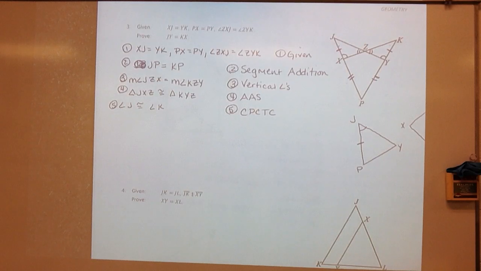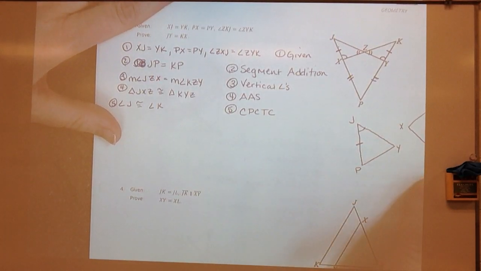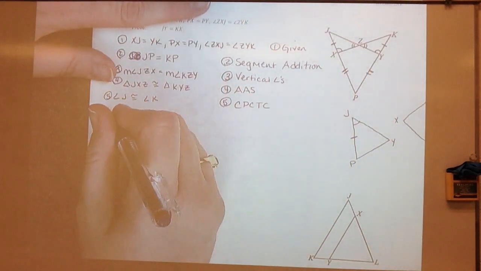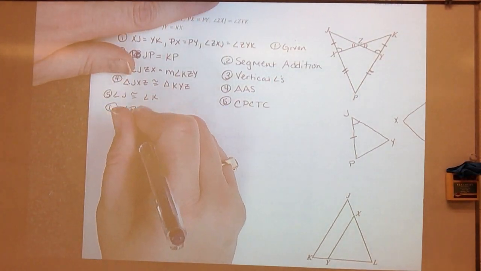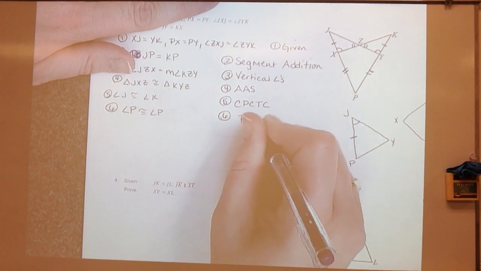Now, looking at this, guys, what do I see they share? I see that they share angle P. So because angle P is the same in both triangles, angle P is congruent to angle P by the reflexive property.